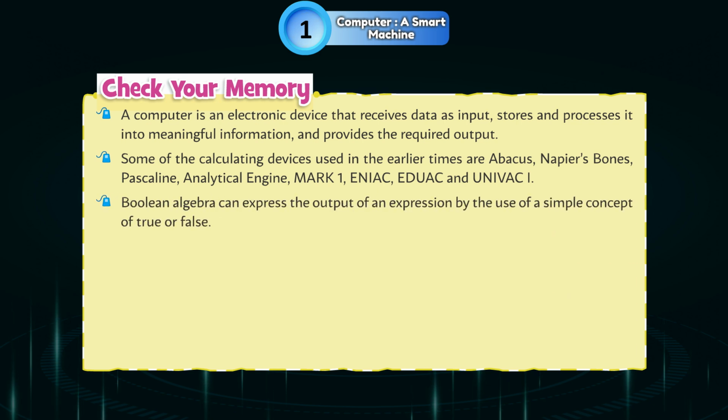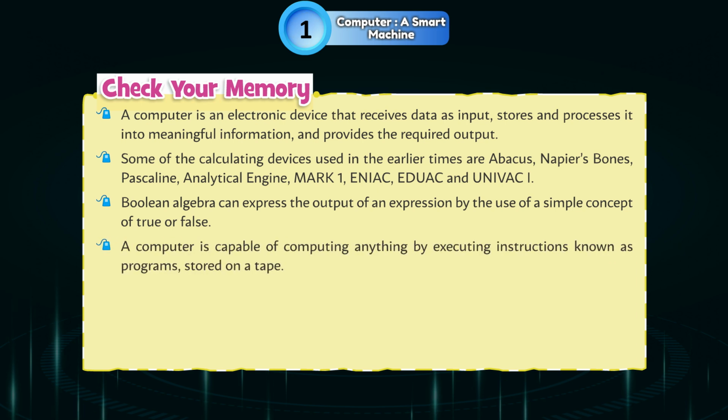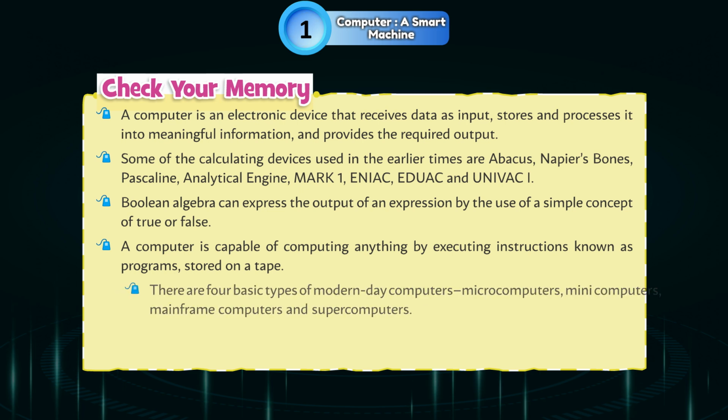Boolean algebra can express the output of an expression by the use of a simple concept of true or false. A computer is capable of computing anything by executing instructions known as programs stored on a tape.